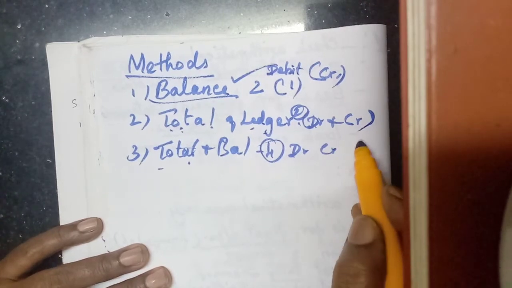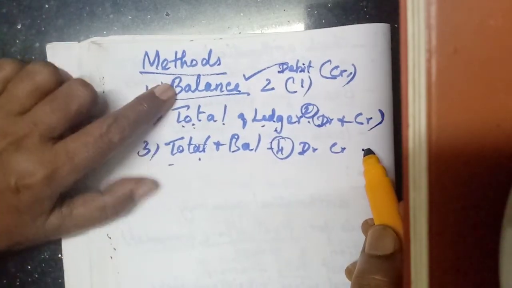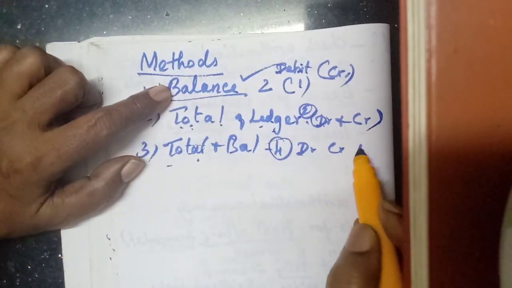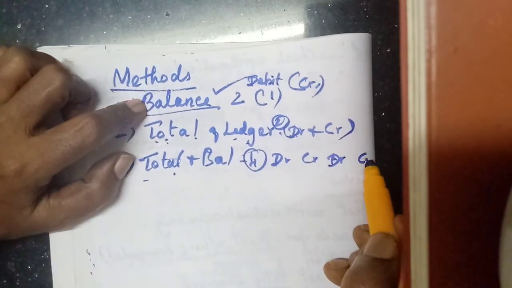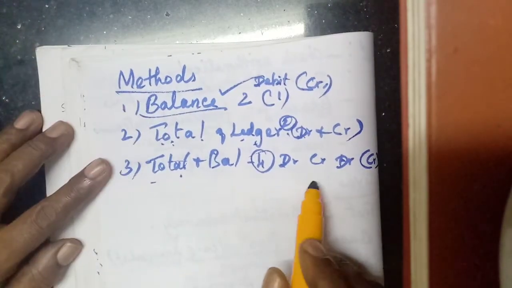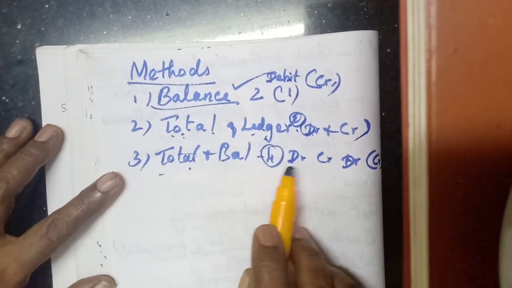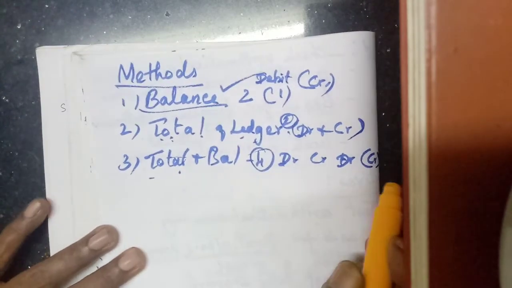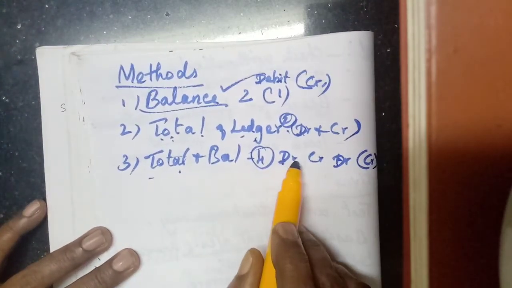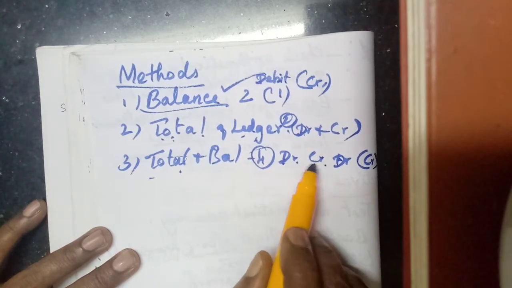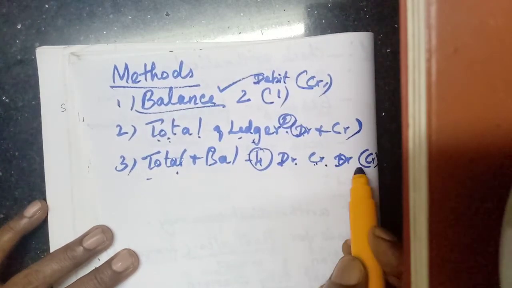Then the balance method: either the debit side balance or the credit side balance, any one. Here 3 will be entered, but totally 4 columns are available: total of debit side, total of credit side of the ledger account, then the balance of the ledger account.